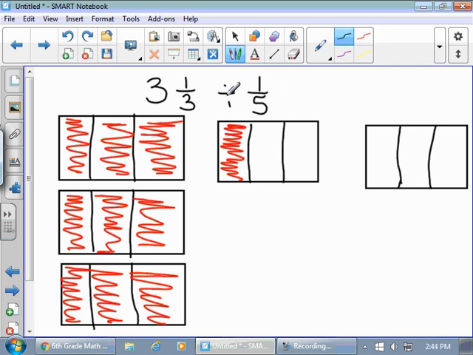Now I'm going to go back and cut them all horizontally into 5 rows. 4 lines, yes.